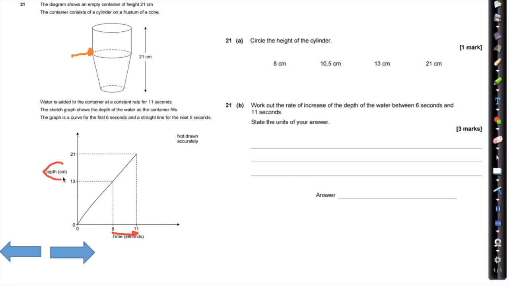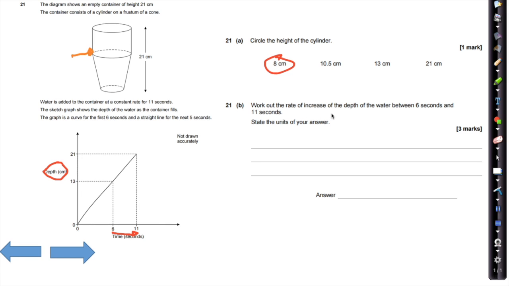So the depth, as it's moving in a straight line from 13 centimeters to 21 centimeters, it's going to be 8. So for this portion of our graph, it's a straight line, meaning that the depth is increasing at a constant rate. Therefore, the width of our cylinder or shape must be the same from the bottom to the top of the cylinder.